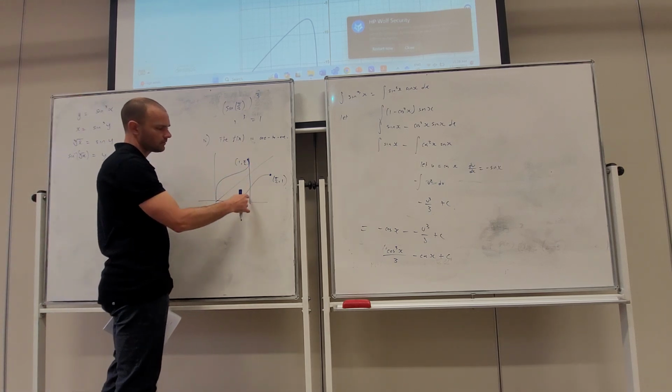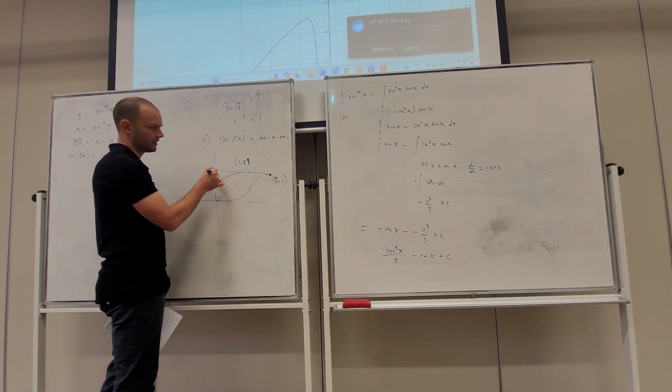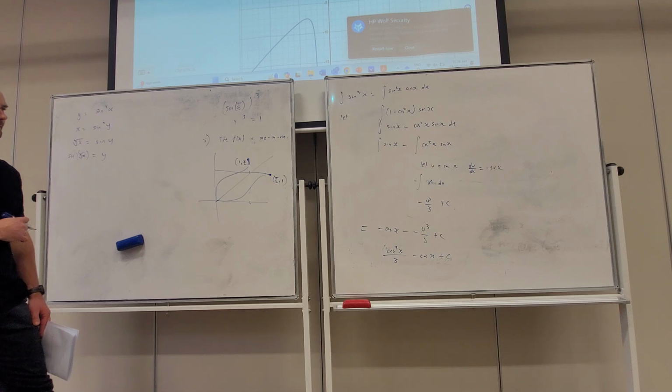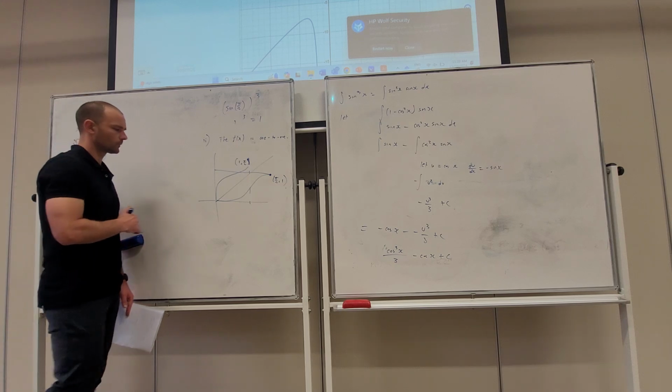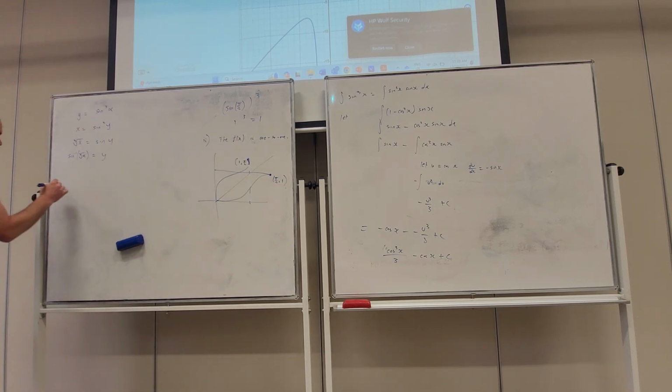This area here, this shaded region, is going to be the same as this region here. Yeah? And not that we're rotating the volume around, but that would be the integral from 0 to 1 of the function of y.